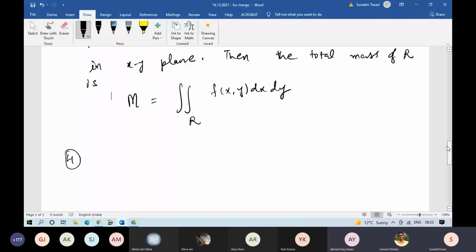Fourth is center of gravity. Let f(x,y) = rho(x,y) be a density function.